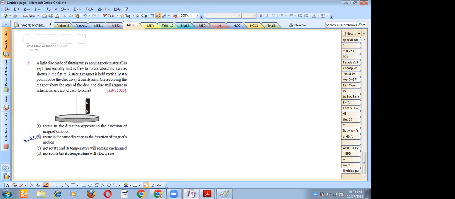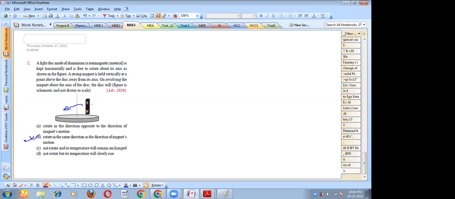Now the question is, why same direction? Why not in opposite direction? Suppose the magnet is revolving like this in anti-clockwise direction.